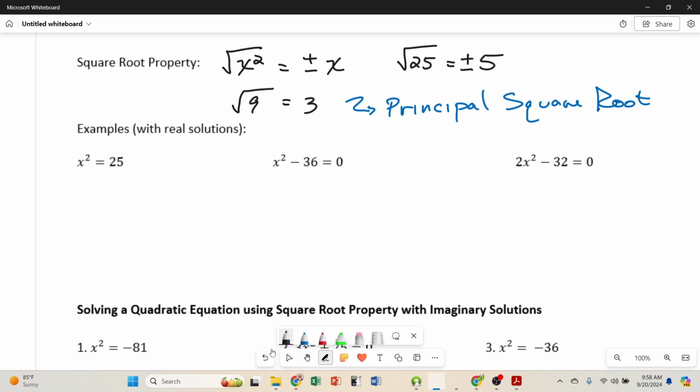All right, so if I were to take the square root of each side, so I take the square root of x squared and I take the square root of 25, I would end up with x is equal to both positive and negative 5. You see how I wrote that?